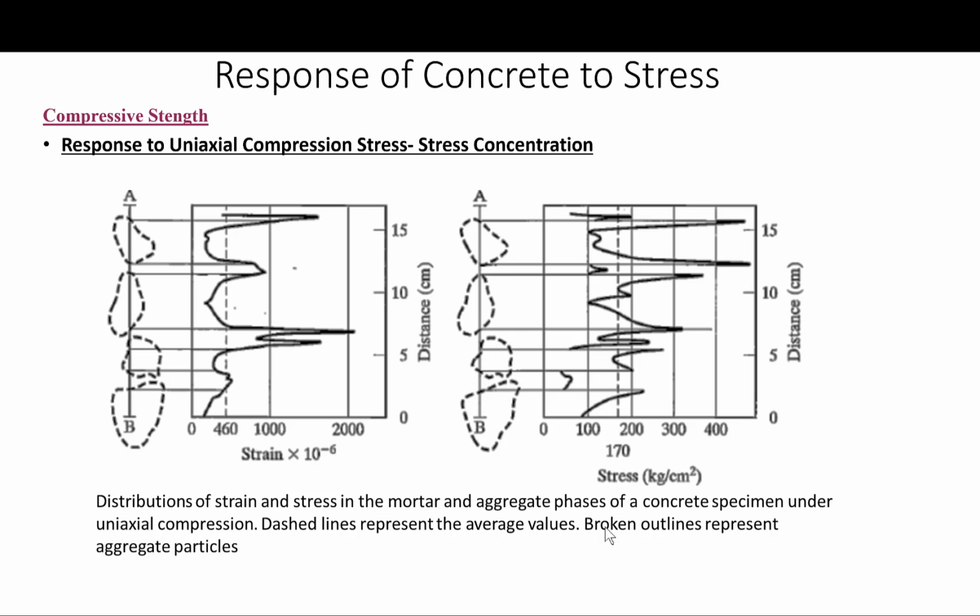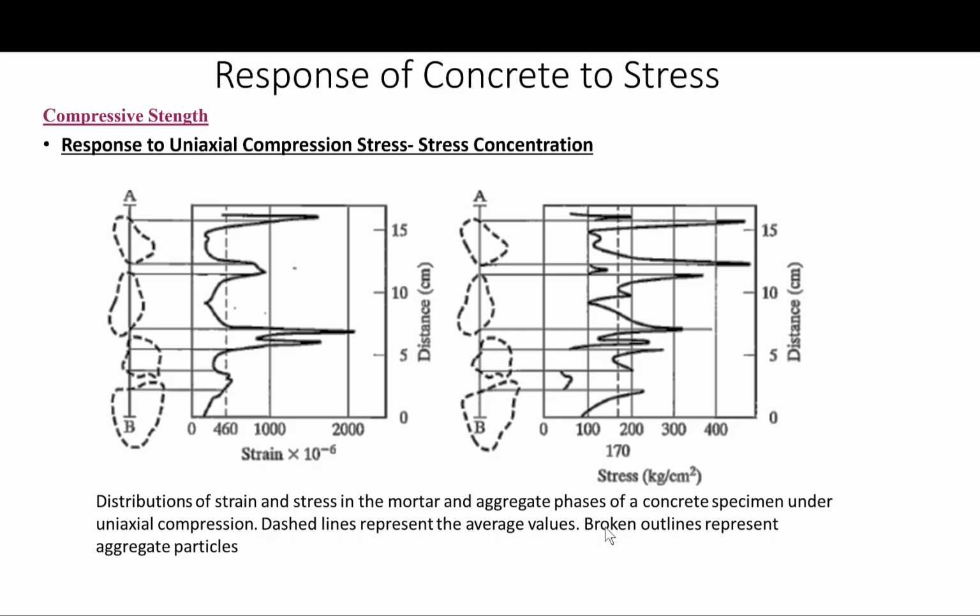For example, when we put a cylinder under compression, there will be localized intensified stresses in certain spots or locations that are much higher than the nominal stress and strain at failure.